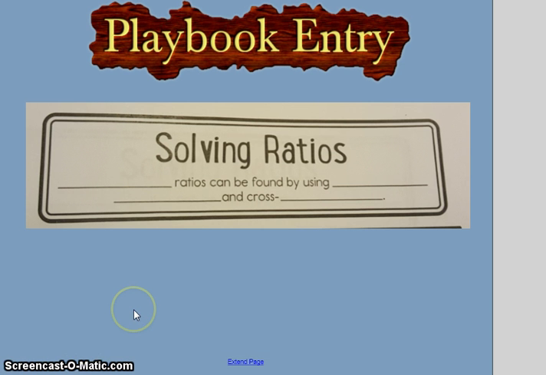Now we're ready to go ahead and actually fill out the solving ratios information. Here we have the solving ratios. We also call solving ratios proportions. Proportions are just when you set 2 ratios equal to each other.